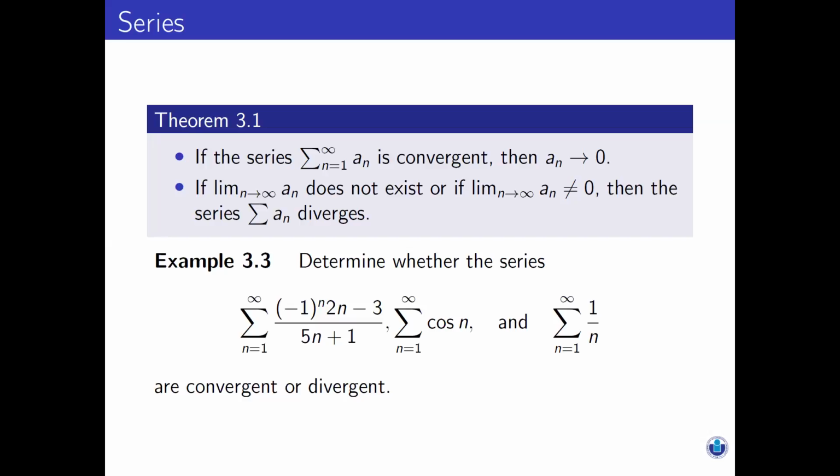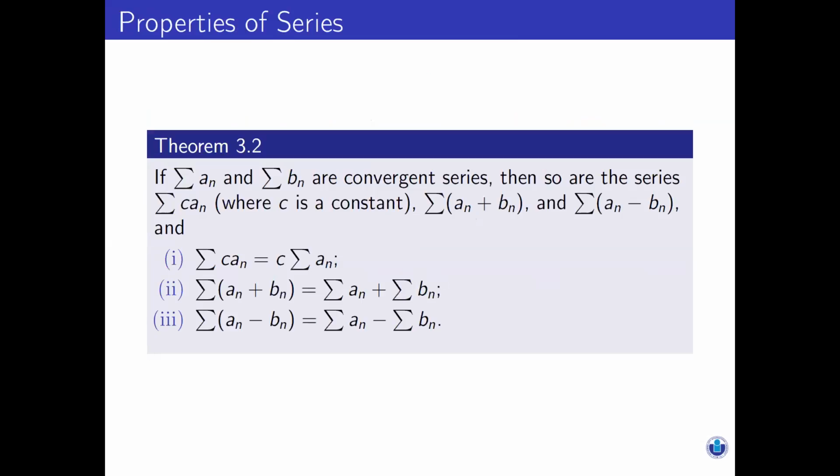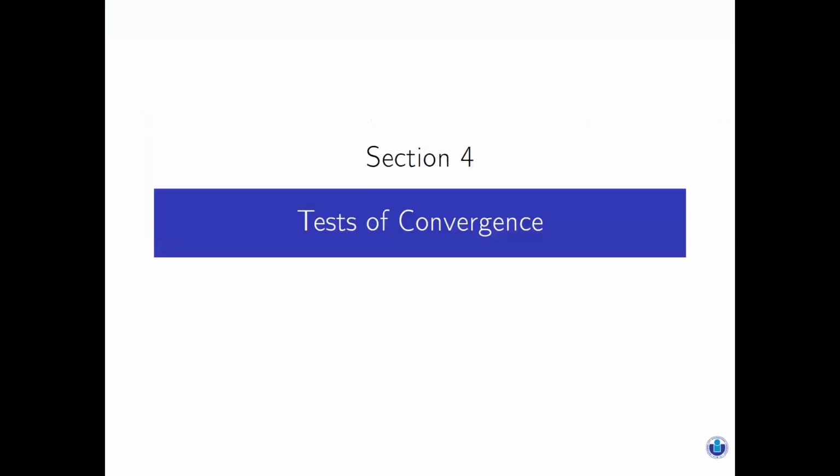So now we're going to study some tests that allow us not to conclude that the series diverges, but to conclude that the series converges. That is the subject of this section. So we will learn a bunch of tests that allow you to conclude the convergence of a series.